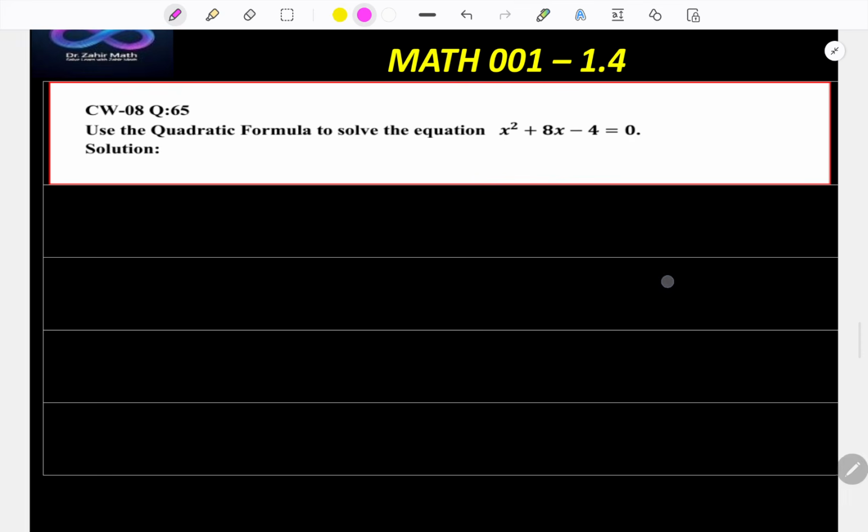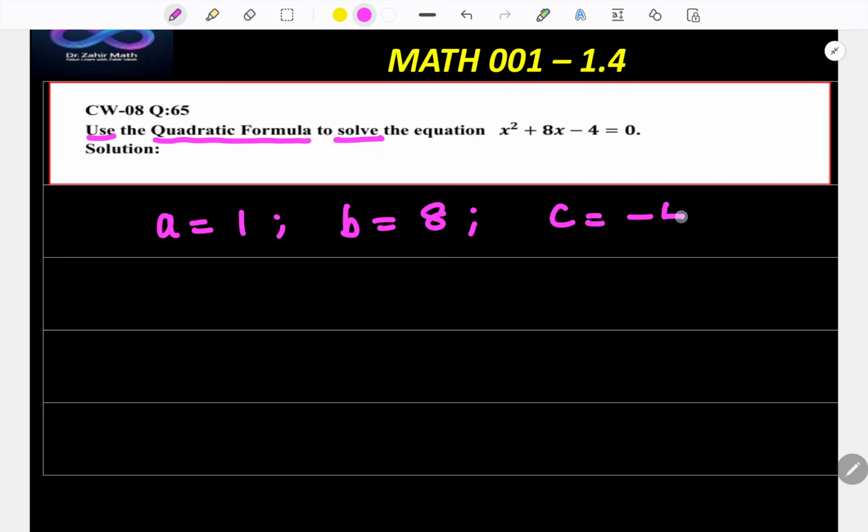So let's go to the next question. Use the quadratic formula to solve the equation. A equals how much? 1. B equals how much? 8. C equals how much? Negative 4. Take your calculator, mode 5 and then 3. Press A equals 1, B equals 8, C equals negative 4. You will get x1 equal to, let me check in the calculator please, one minute.